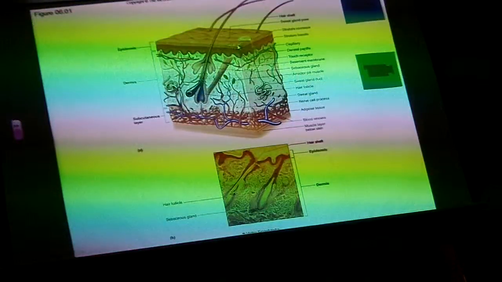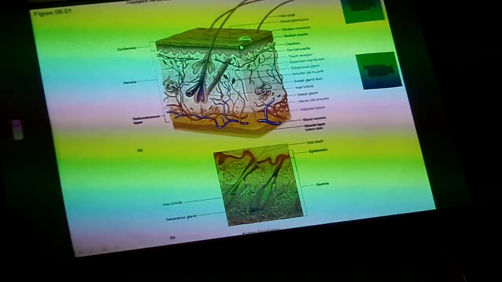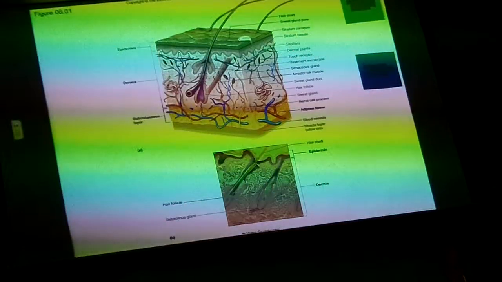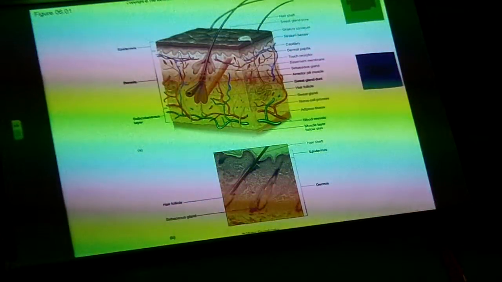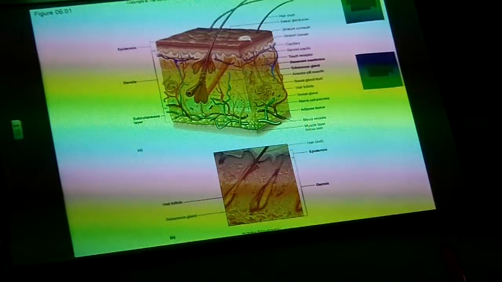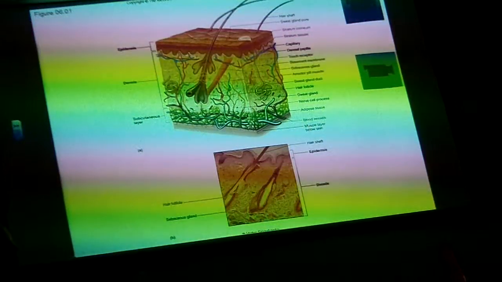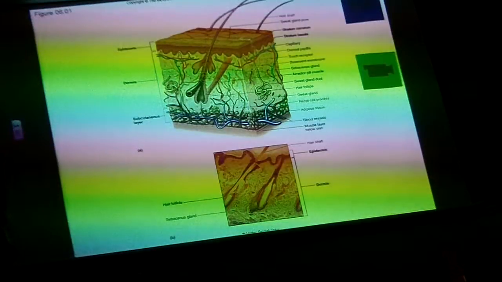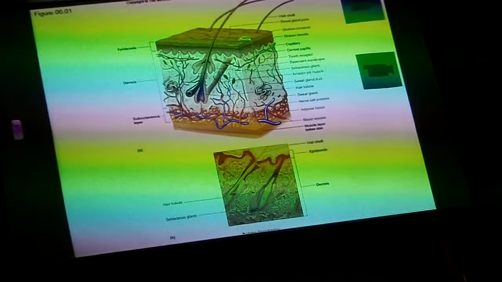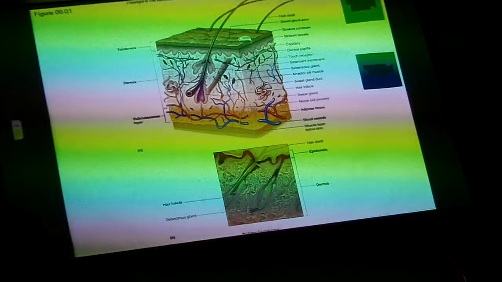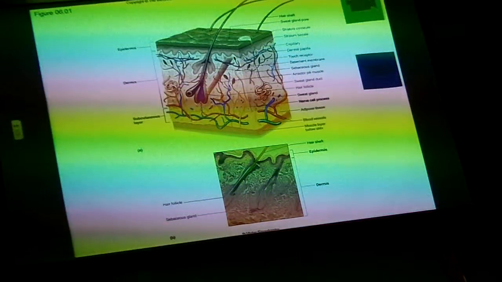Those cells at the very top just flake off one by one as the new cells grow, and they fall to the ground. Dust is about 50% dead epidermal cells, about half of dust. So you wonder why it's so dusty in here. It's all your skin falling off. Isn't that gross?